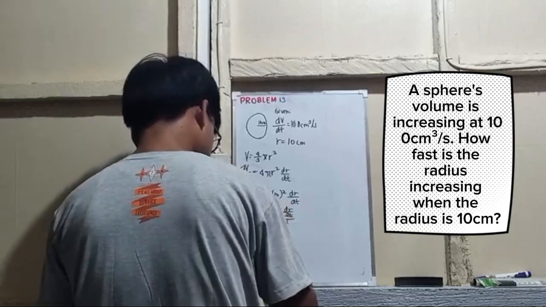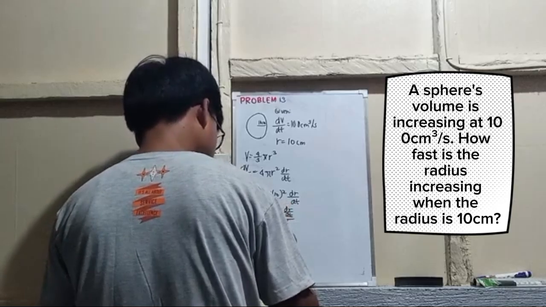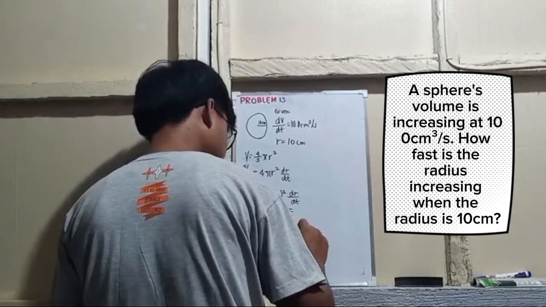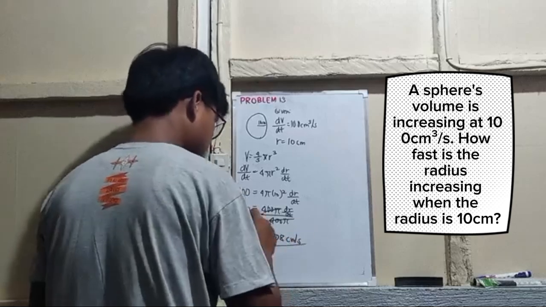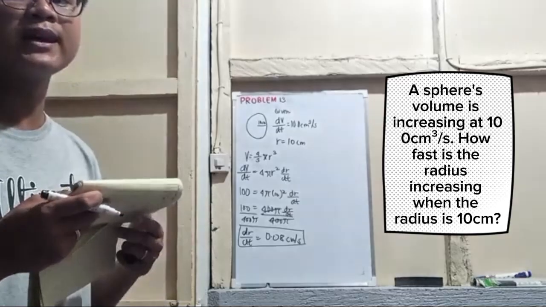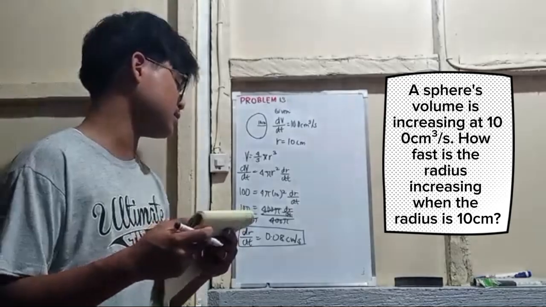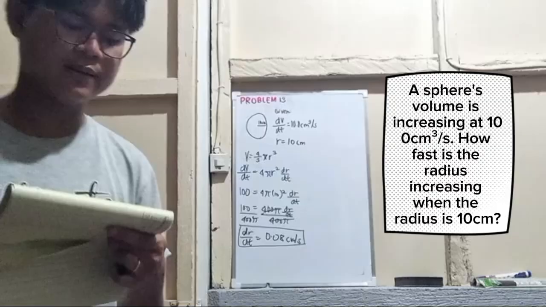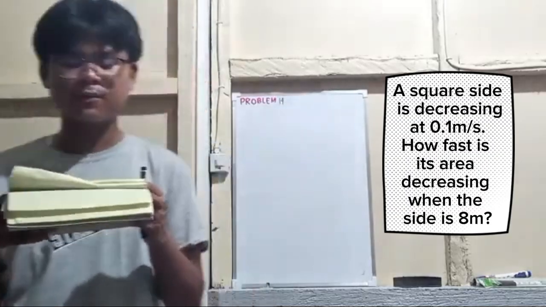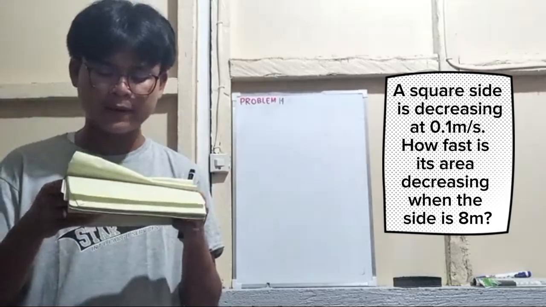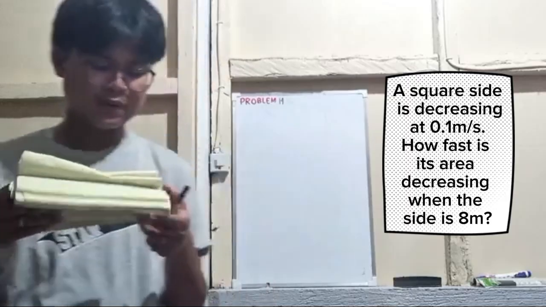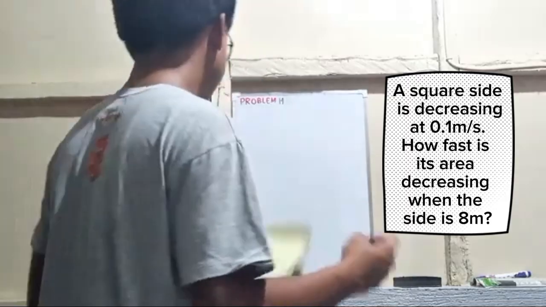Then dr/dt, we will get the value of 0.08 centimeter per second. So our rate of the radius when it is 10 centimeter is 0.08 centimeter per second. So we'll proceed to problem 14. A square side is decreasing at 0.1 meter per second. How fast is its area decreasing when the side is 8 meter? So first we'll draw a square.